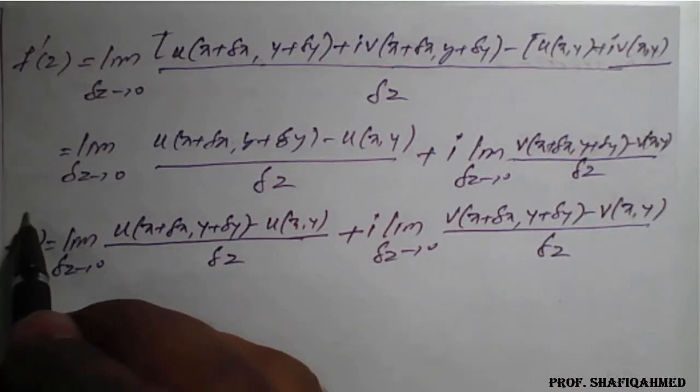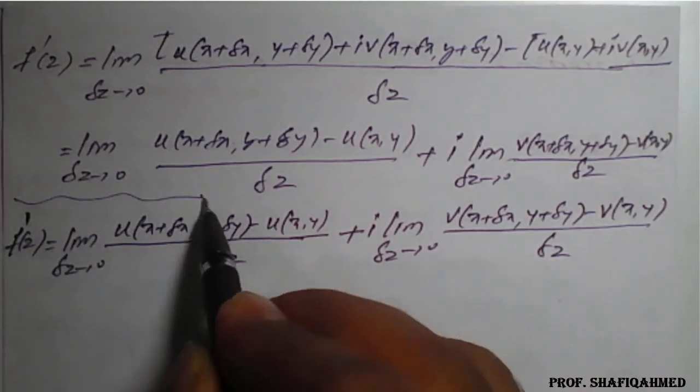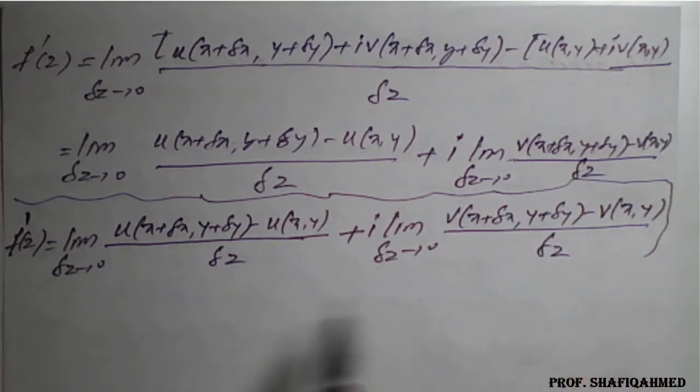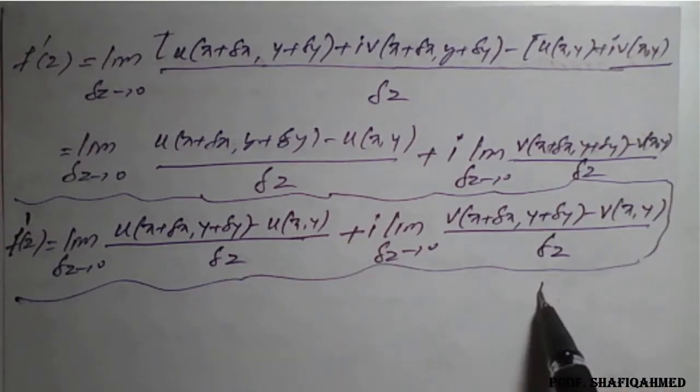So this is f dash here. So this part you have to give as equation number 1.